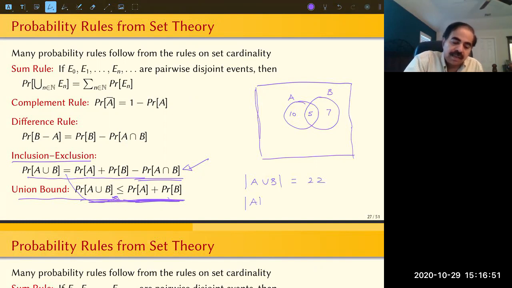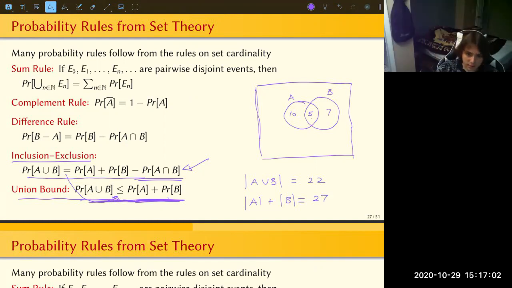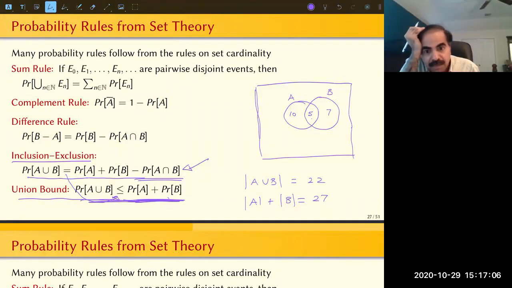Whereas the cardinality of A plus the cardinality of B will be 27, right? Because the middle part will get counted twice, once as part of A and once as part of B. So it is this difference, right?